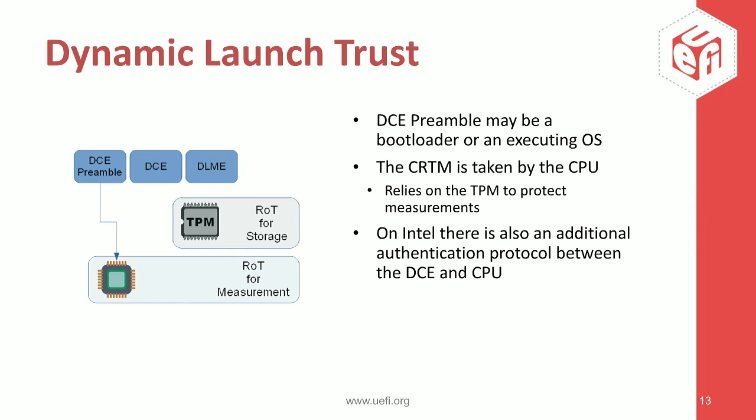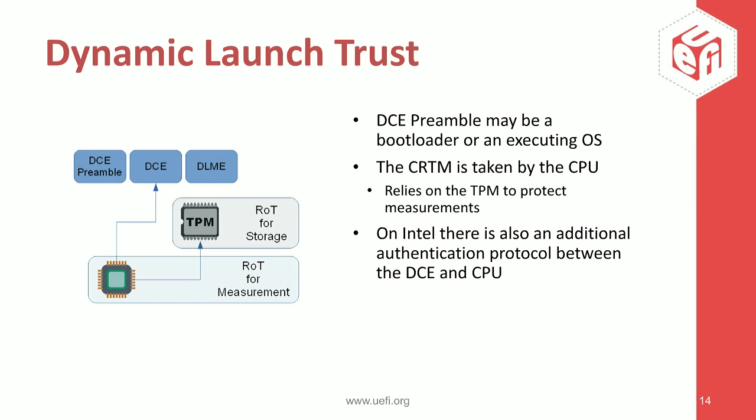Let's compare this to dynamic launch. Dynamic launch is initialized by the DCE preamble. The DCE preamble can be a bootloader or an executing OS. When dynamic launch is initialized, the CRTM is taken by the CPU.